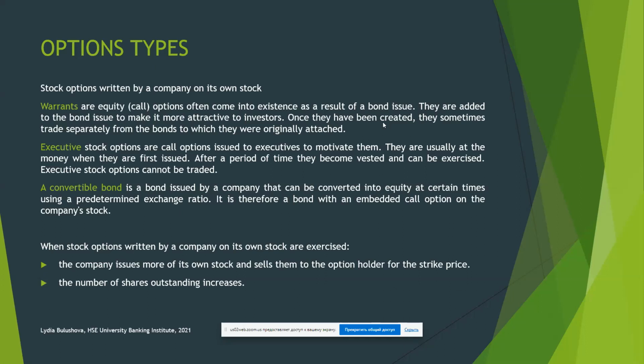When stock options are written by a company on its own stock, like warrants or convertible bonds, the company increases the number of shares outstanding after these options are exercised.